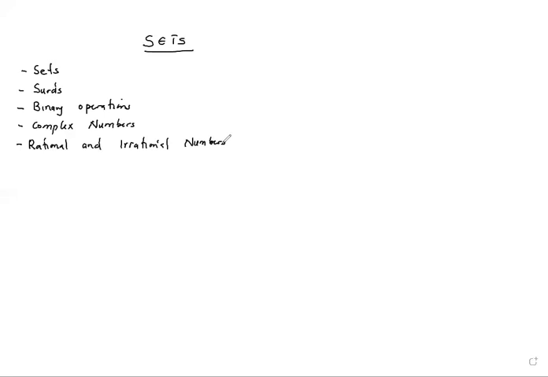So now what we are doing is going to the past papers. With me here, I have some past papers. So in these past papers, for today's task, we are going to answer only questions based on this coverage: sets, surds, binary, complex, rational, and irrational numbers.